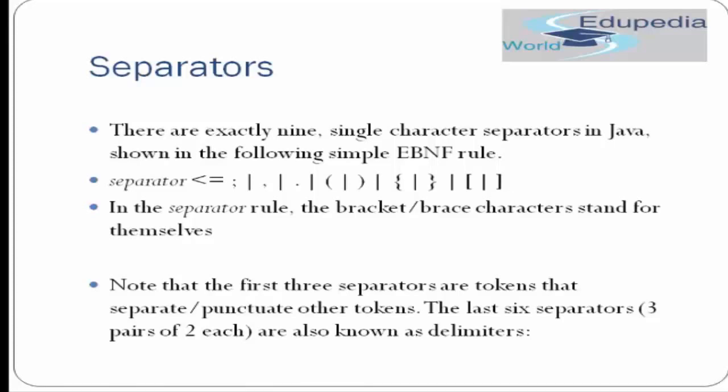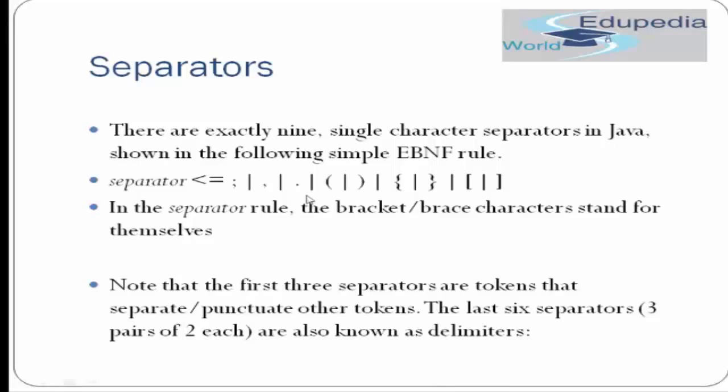Note that the first 3 separators are tokens that separate or punctuate other tokens. The last 6 separators, 3 pairs of each, are also known as delimiters.